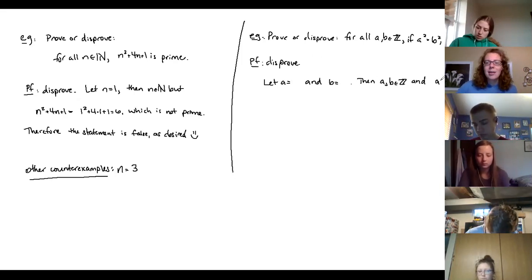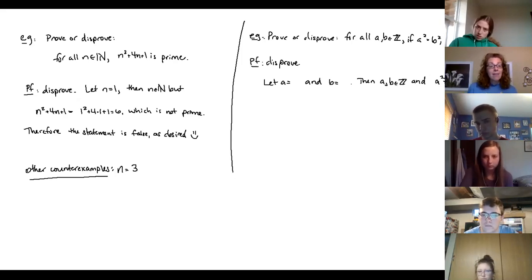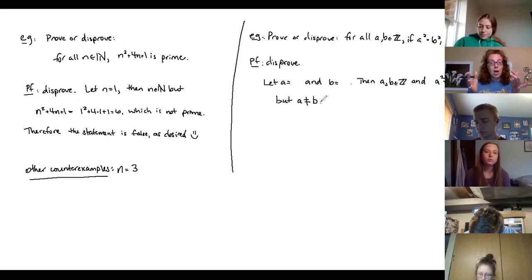And a squared is equal to b squared. I need to have my hypothesis being true, right? So I need to have a squared equals b squared, but a is not equal to b. So I need to have my hypothesis be true and my conclusion be false.